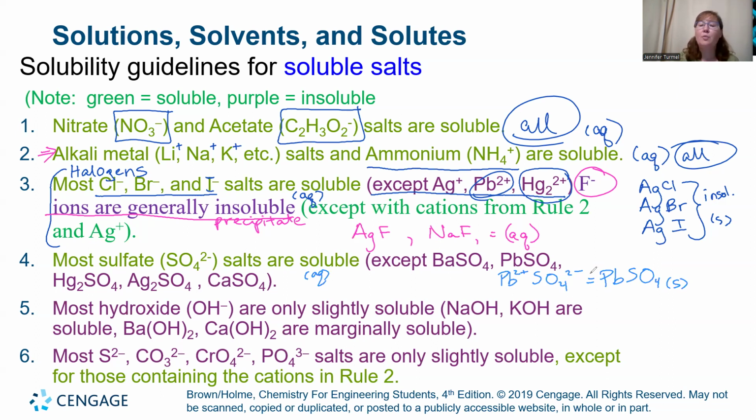But other ones, for example lead 4, which would be Pb(SO4)2, this one is going to be aqueous because it's not one of our exceptions.